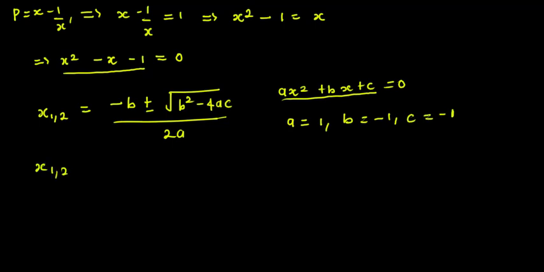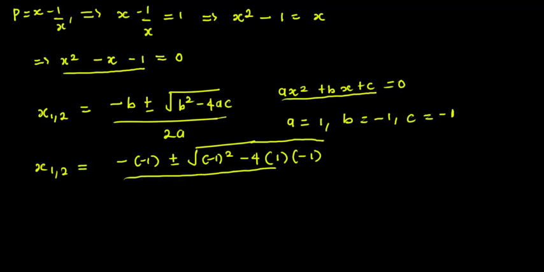So x1, x2 will be equal to -(-1) plus or minus the square root of (-1) squared minus 4 times 1 times -1, divided by 2 times 1, which is equal to 1 plus or minus the square root of (-1) squared is 1, -4 times 1 is -4, and -4 times -1 is going to give you +4, all divided by 2.